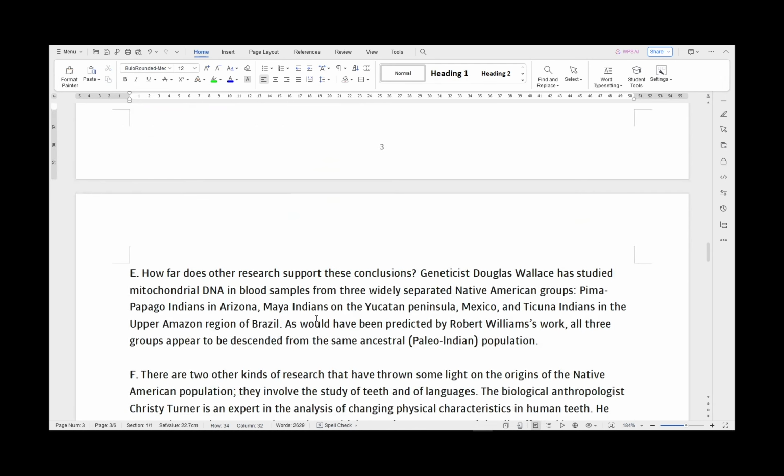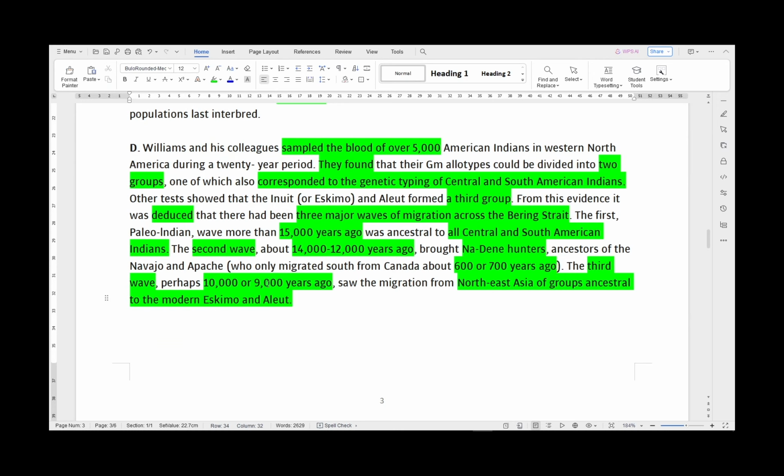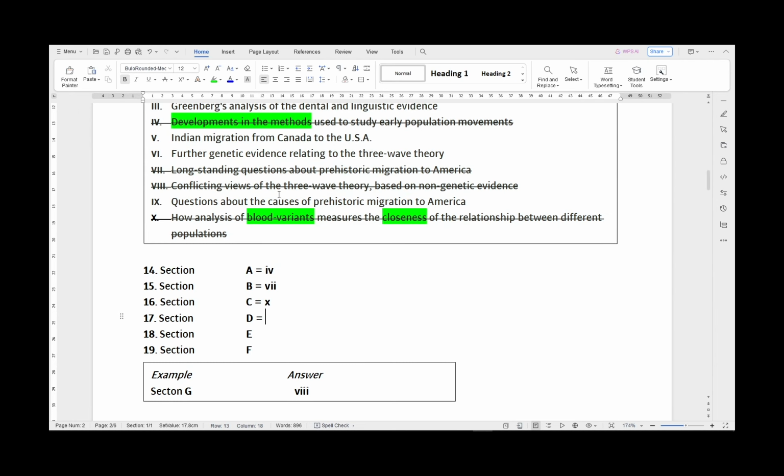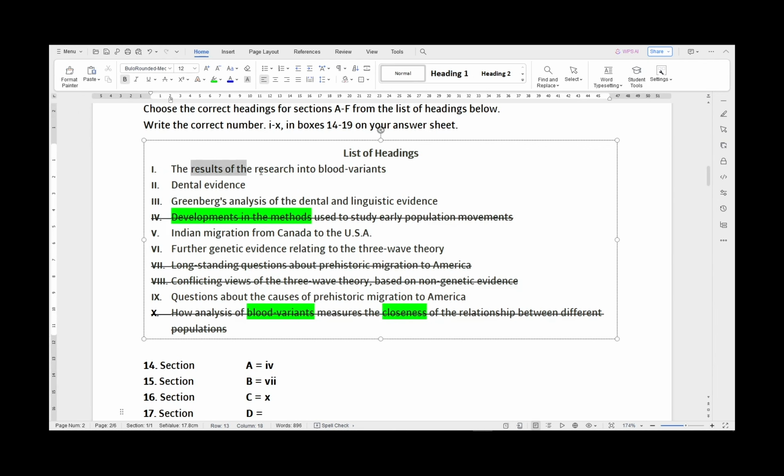So do we have a continuous one? No, we don't have that. So section D, option B. Williams and his colleagues sampled the blood of over 5,000 American Indians. They found that their allotypes could be divided into two groups. Other tests showed that, and so on. They're saying from this evidence it was deduced. So we know that the paragraph refers to some sort of result, the result of the research.